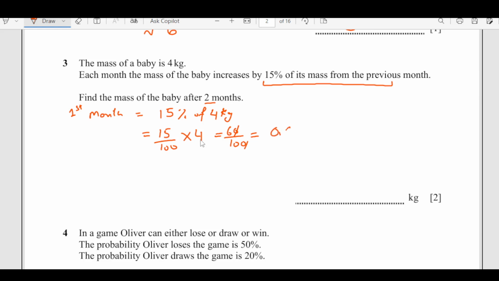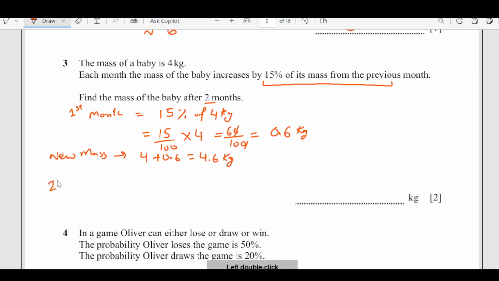So 0.6 kg will be the increase. So the new mass after 1 month is going to be 4 plus 0.6, that is 4.6 kilograms. Now we are talking about after 2 months.